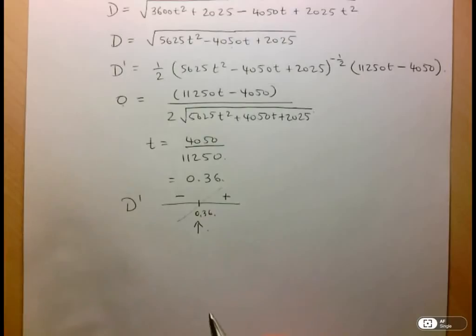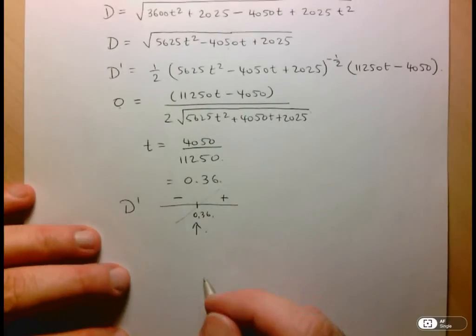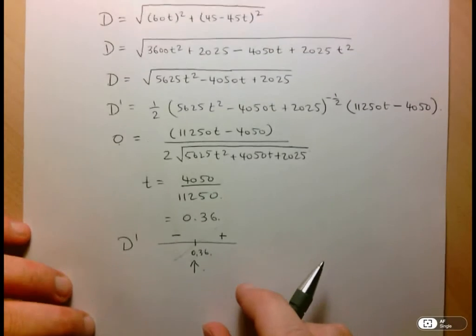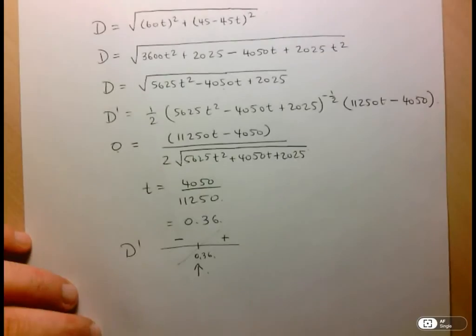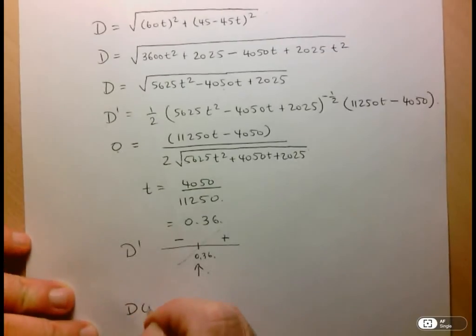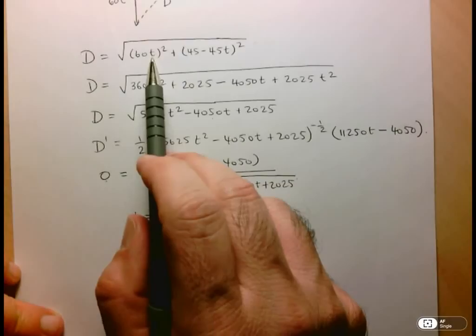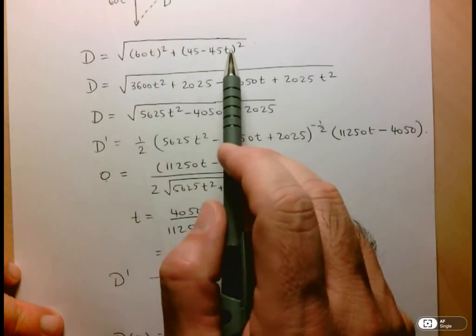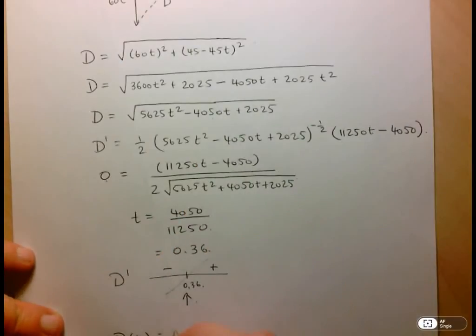Now we just have to determine what the maximum and minimum are. Actually, all we care about is the minimum distance. If we take d at 0, which is one endpoint, and stick that into there, this just goes to 0, 45 minus 0, so we've got the square root of 45 squared, which is just going to be 45.